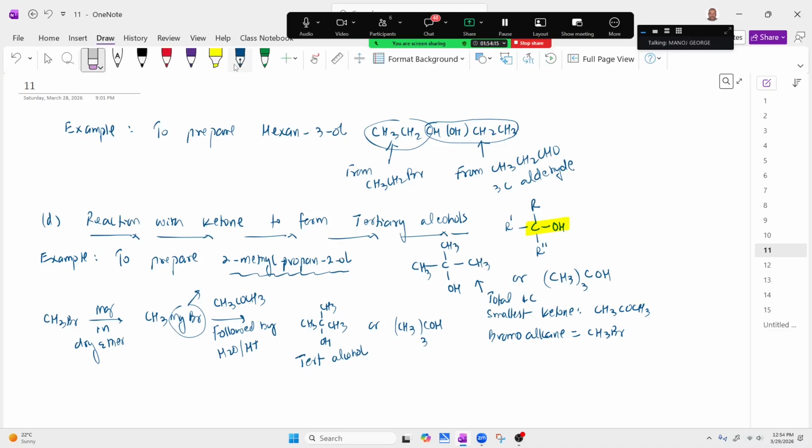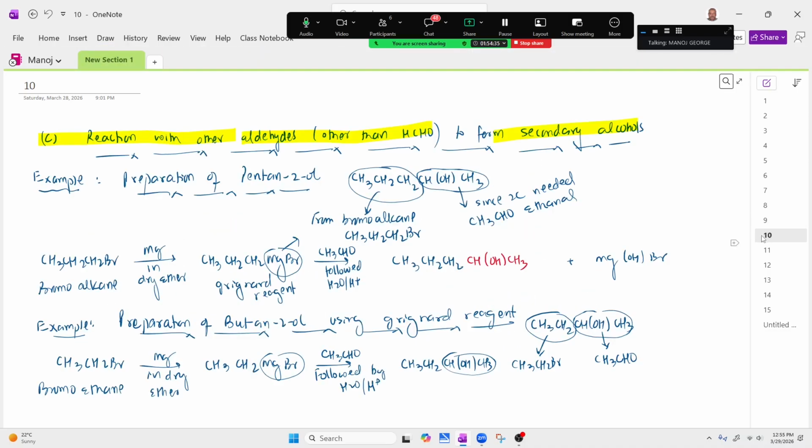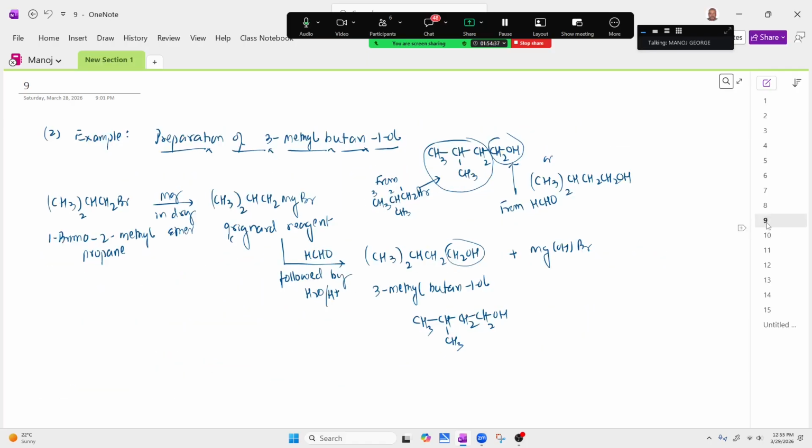Didn't we used to write it like that, with the C before the CH3? If you notice, when I did the secondary alcohols also, we wrote the CH3s like that. You see this? Even your textbooks are going to go this way. It's basically the two CH3s and then the CH.